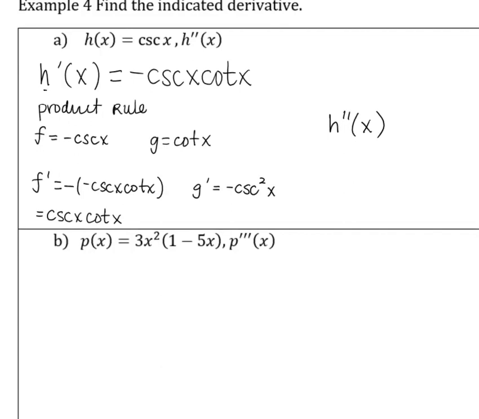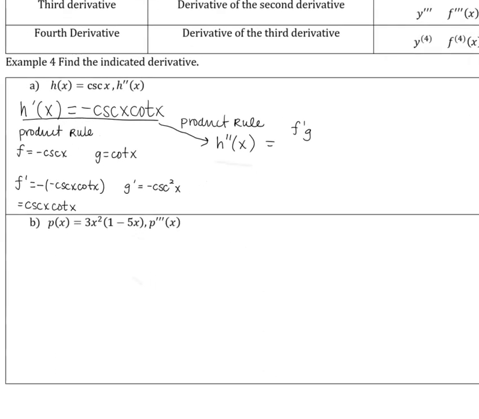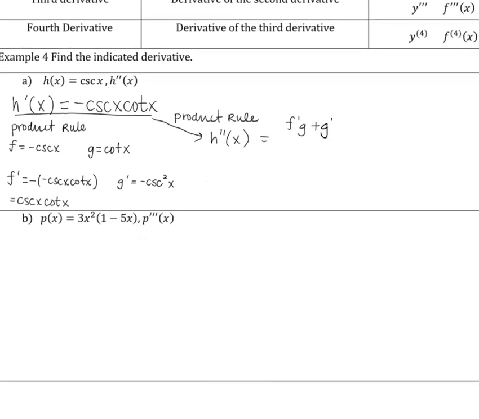So to get from this first derivative to that second derivative, we are using the product rule. So we are going to be filling out f prime g plus g prime f. F prime multiplied with g will be a cosecant x and then multiplied by a cotangent squared x.